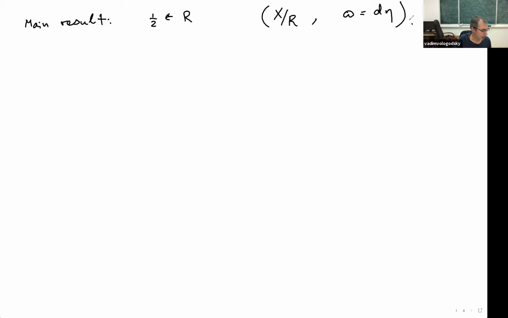Then the category of quasi-coherent sheaves on X has a canonical quantization.